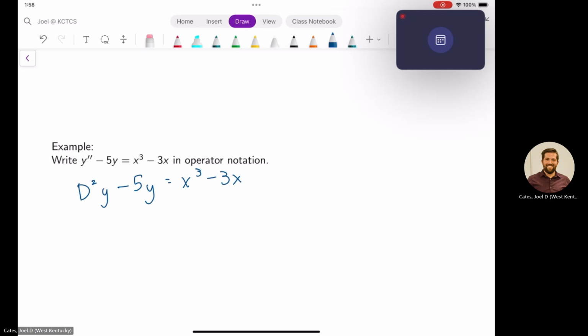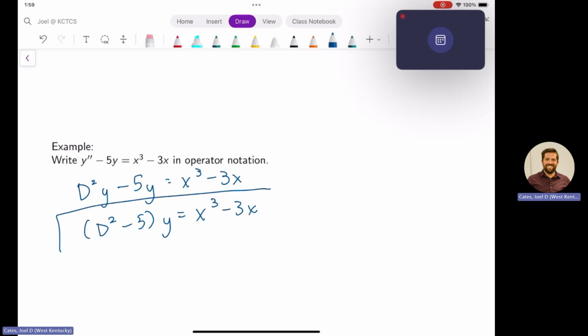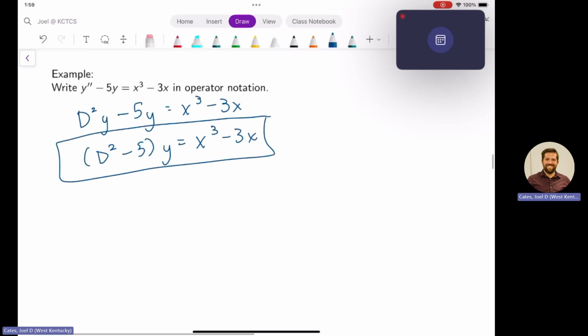And really, we've got it in the differential operator notation there. But we could go ahead and pull out the y to make this D squared minus 5 by y equal to x cubed minus 3x. And that would be operator notation for that DE.